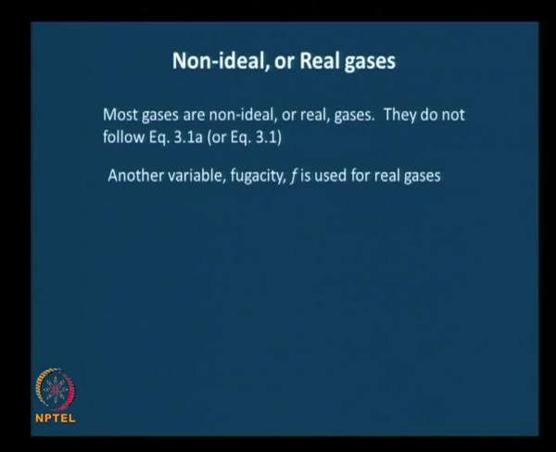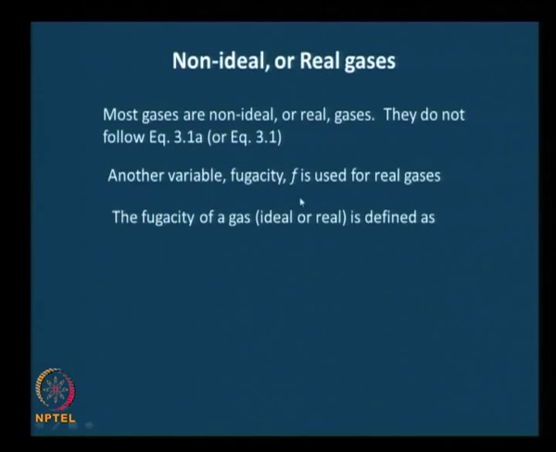Therefore, we need another variable, and that variable happens to be called fugacity F, which is used for real gases. In fact fugacity is a little more general. If we are going to define it for real gases, it should be applicable to an ideal gas in the limiting case. Whenever you generalize, it should also take care of a special case.